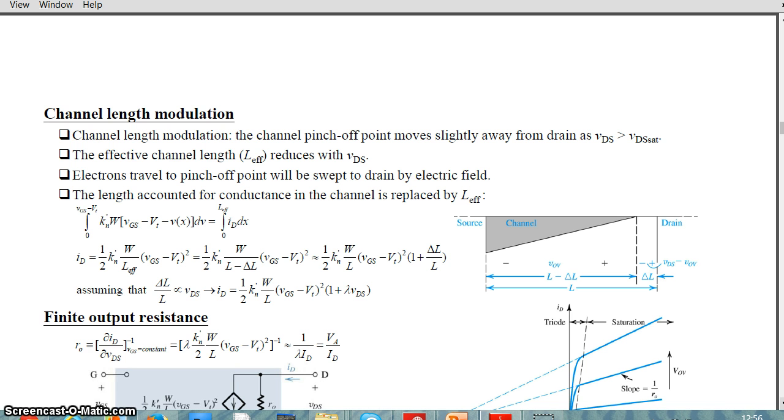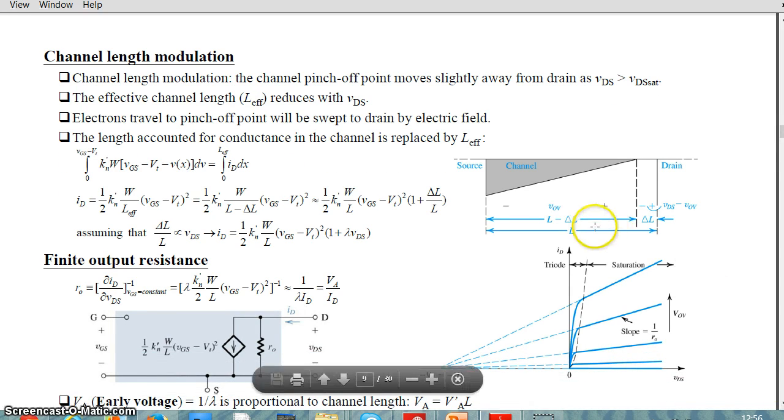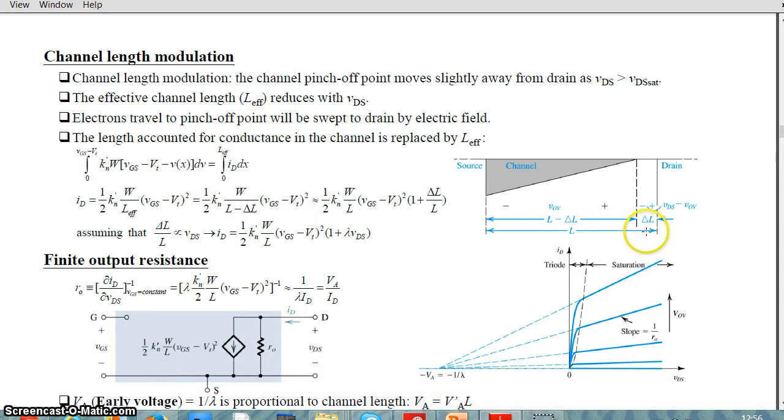So you have to replace L, the length of the channel, by the effective channel length, which reduces with VDS. So L effective is equal to L minus delta L. The formula for delta L can be deduced from these equations, involving some integration taking the appropriate limits. So you can approximate how the current varies as VDS increases.